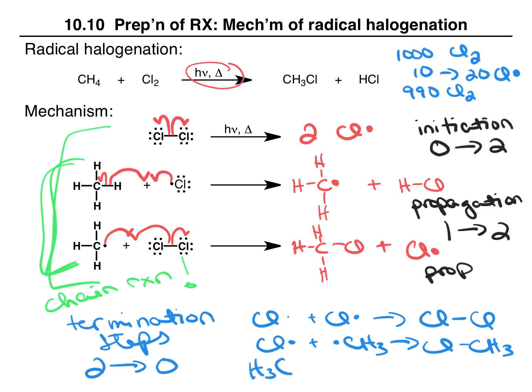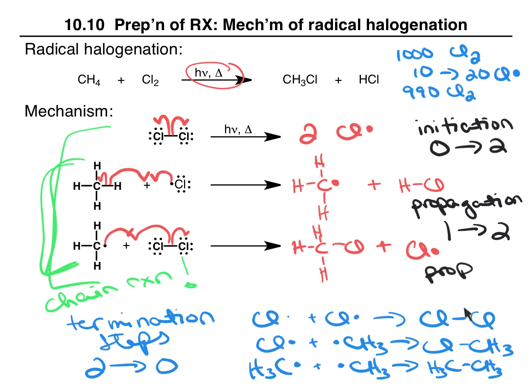Or it could happen that a methyl radical bumps into a methyl radical, giving a molecule of ethane. So there are several different termination steps possible, but these propagation steps are going to happen millions and millions of times before the termination steps start to happen. So it's important to keep in mind the initiation step, the propagation steps that undergo chain reaction, and then finally the possible termination steps.